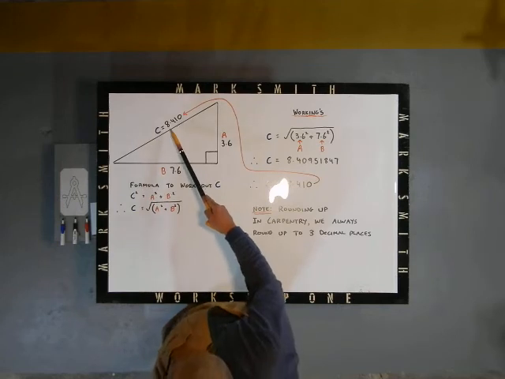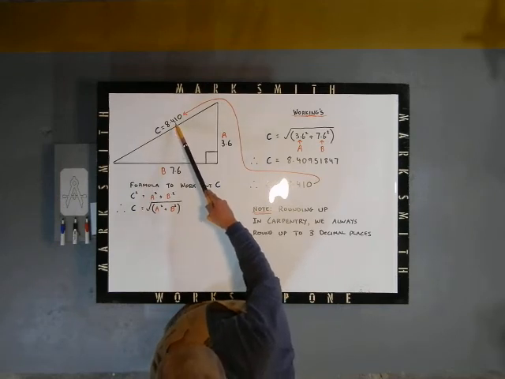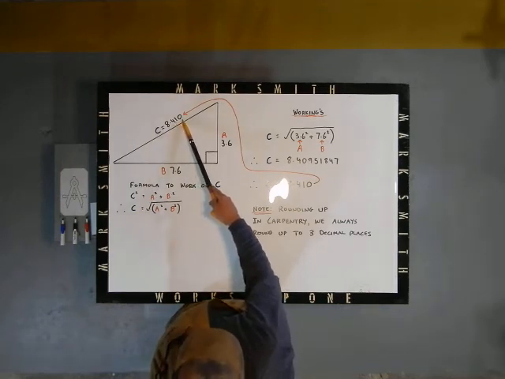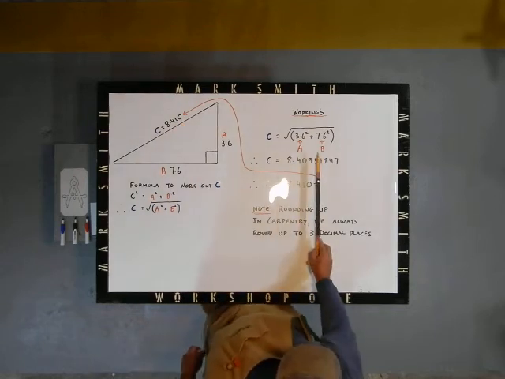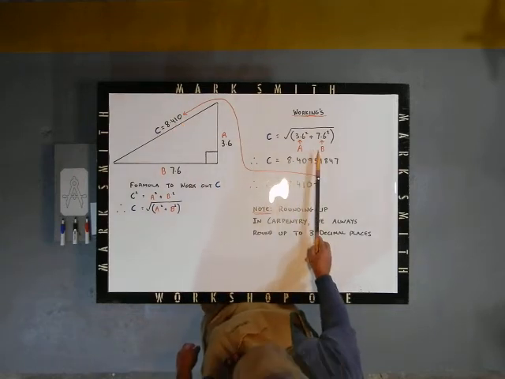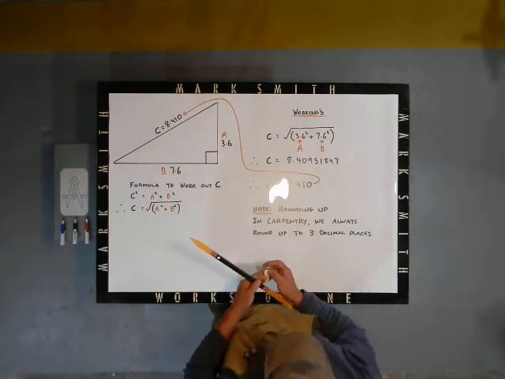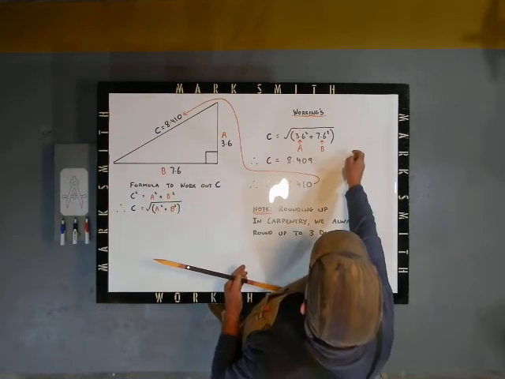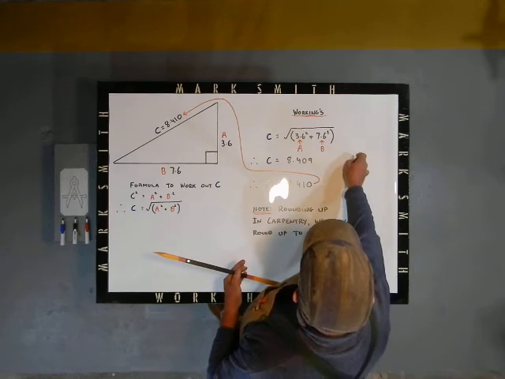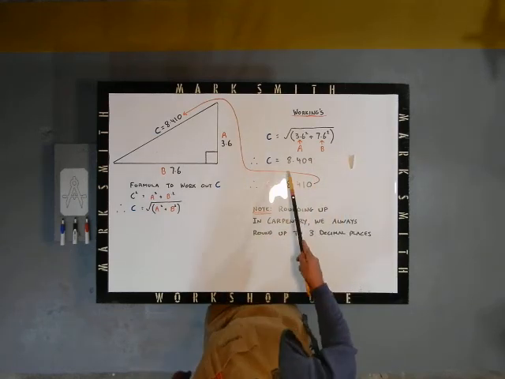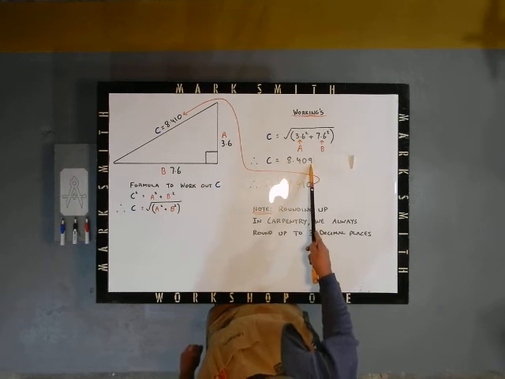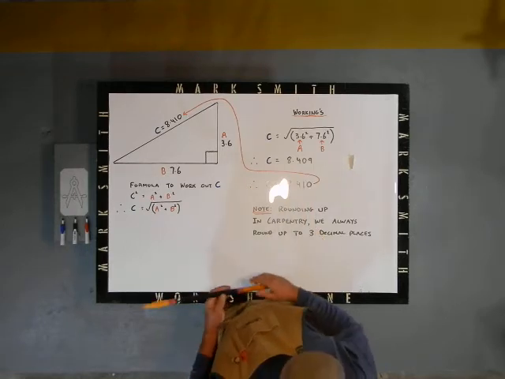So that's 8,410 millimetres. If I didn't round that up, it would tell me it's 8,409, so in reality I'd be short by 1 millimetre.